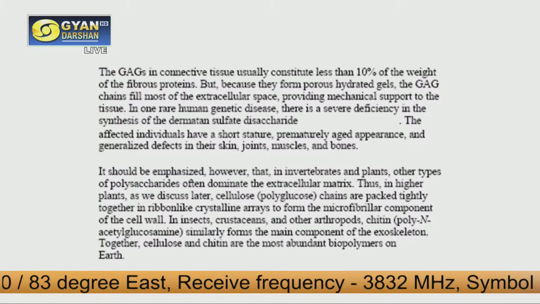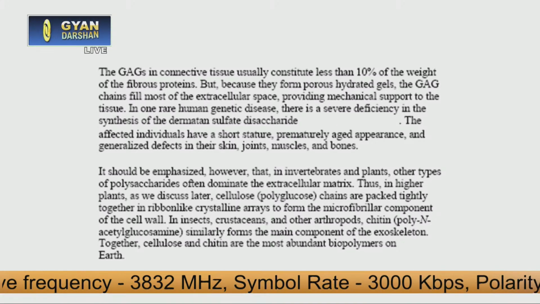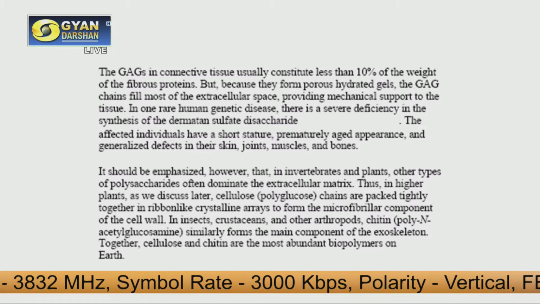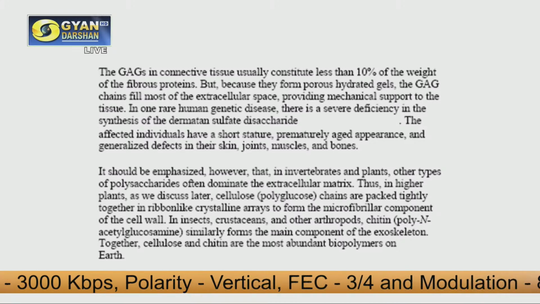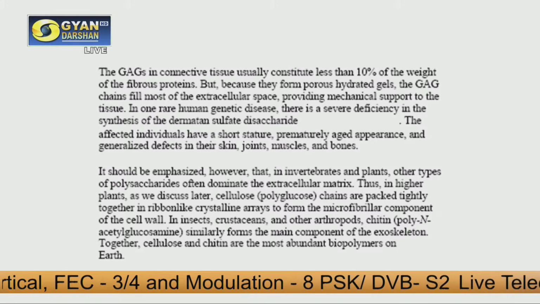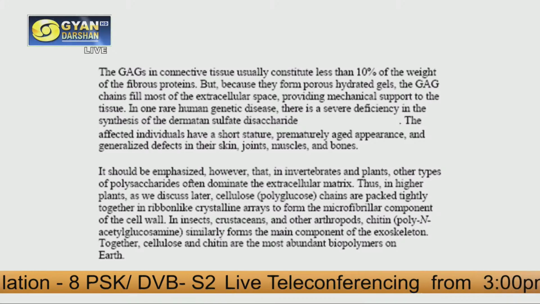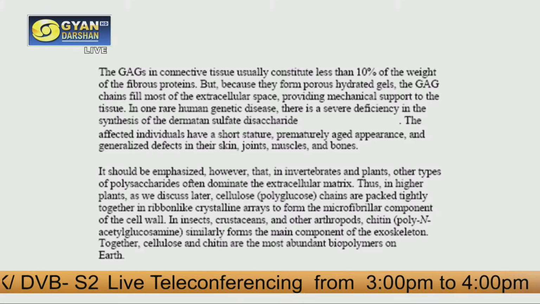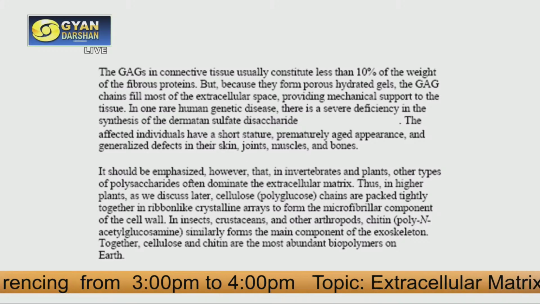Okay, so this has to be understood very properly. Now what happens in the case of a plant cell? In the case of animal cells this is very clear, but do the plants or the invertebrates also have this extracellular matrix? The answer is of course yes. In plants you have the cell wall, and this cell wall actually constitutes the extracellular matrix.